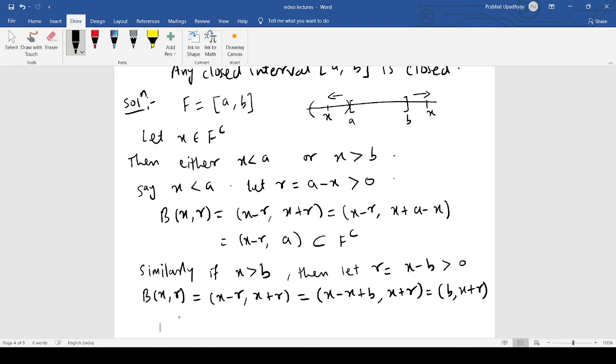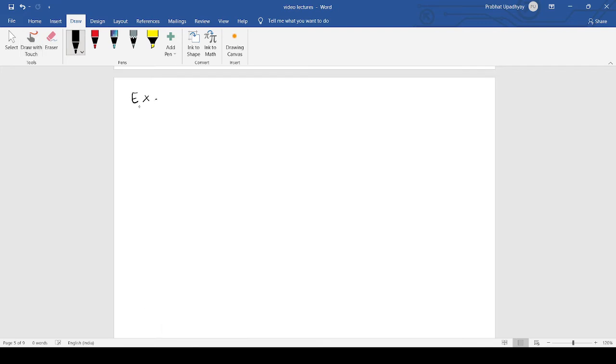So it totally lies inside F complement. So here also my B(x, r) totally lies in F complement. So this implies my F complement is open, and in turn that will imply my closed interval [a, b] is a closed set. Now let's see our next example.